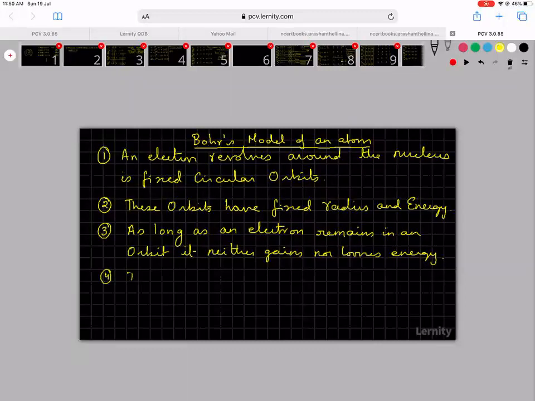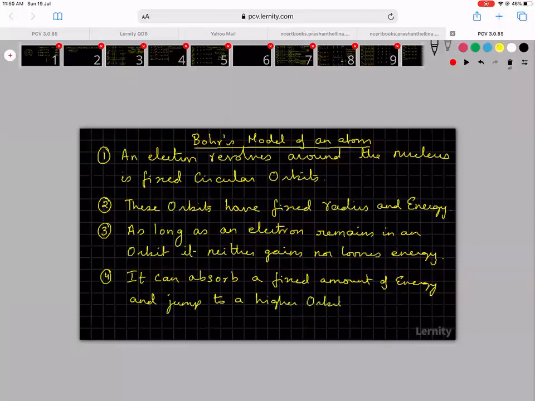Okay, then it can absorb a fixed amount of energy and jump to a higher orbit. Okay, it can absorb a fixed amount of energy and jump to a higher orbit.